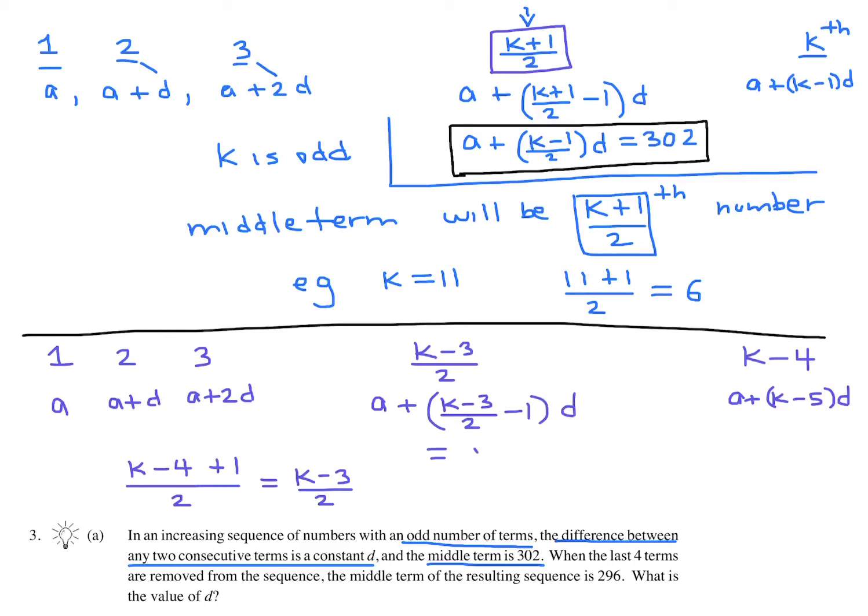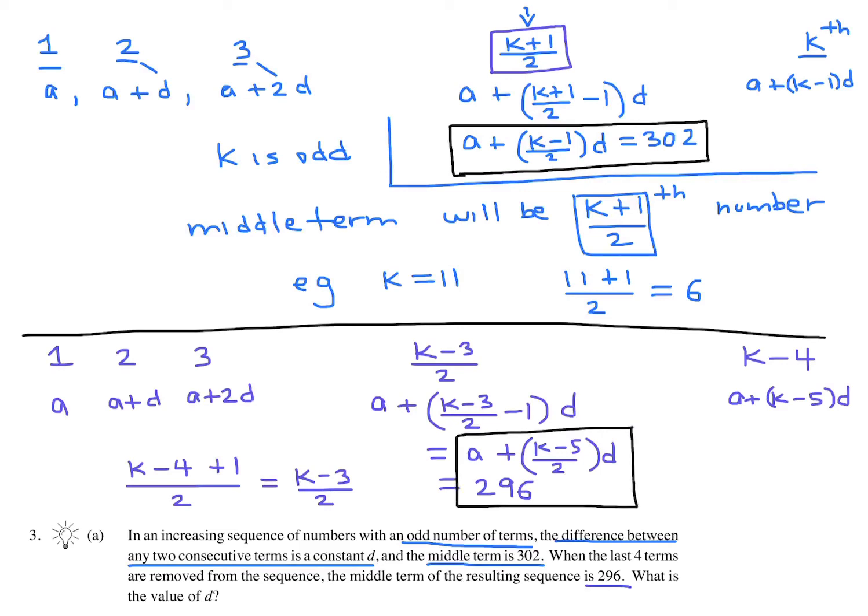And if you do the math, you'll get a plus ((k minus 5) over 2)d. And they tell you that this is 296. So this is equal to 296. And that is your second equation.